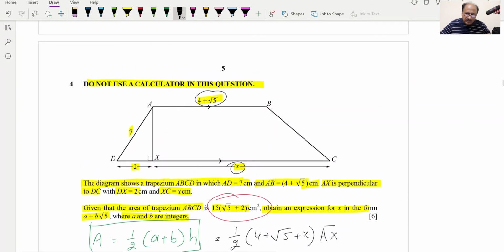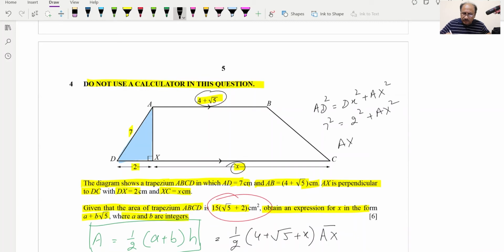So for AX value, we can find it by considering this triangle. For this triangle we have hypotenuse and we have base, so perpendicular we can find. So that will be what? For AX value, AD squared, Pythagoras theorem I'm applying, so this will be equal to DX squared plus AX squared. AD squared means 7 squared is equal to 2 squared plus AX squared.